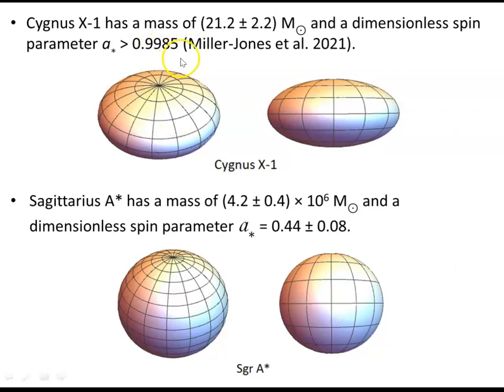And you contrast that with Sagittarius A*, the supermassive black hole at the center of our own galaxy. It has a mass of 4.2 million solar masses, 4.2 million times the mass of our sun, and a dimensionless spin parameter a* of 0.44, a bit more pedestrian. And it's quite spherical looking. It's hard to notice any real difference.